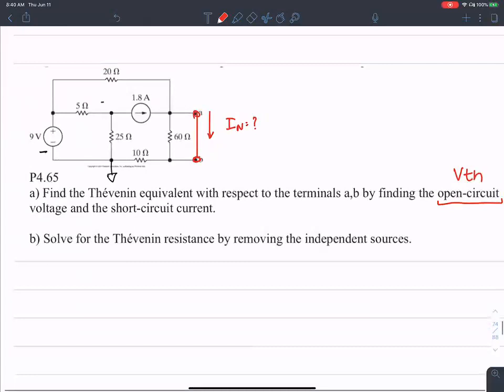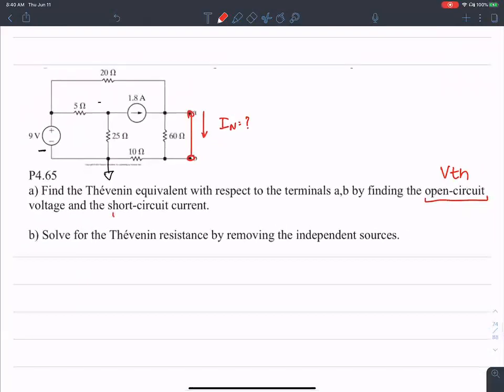So instead of finding VTH, now your task is to find I Norton. Instead of finding the open circuit voltage, you would use a node voltage and node current method to solve it using the Norton current, the short circuit current. Okay, what is the short circuit current? Take about 5 minutes to work on that problem.